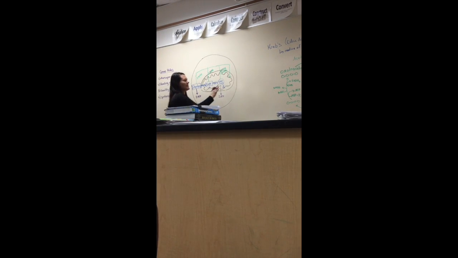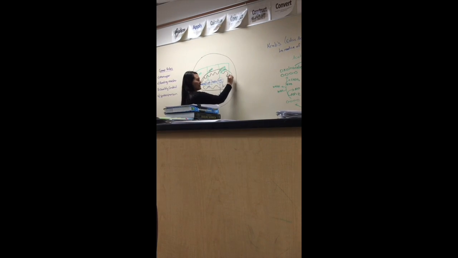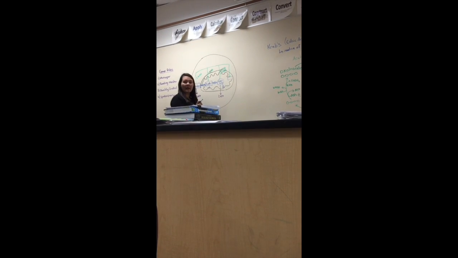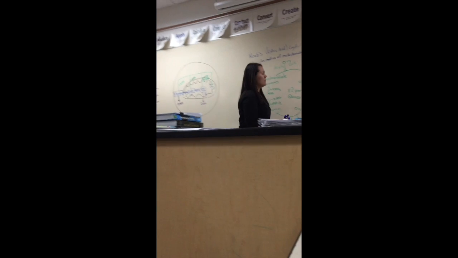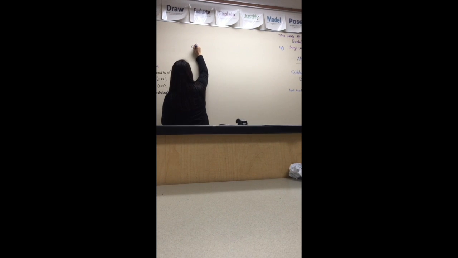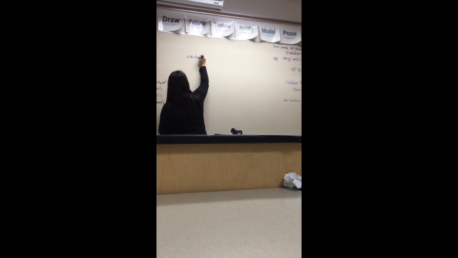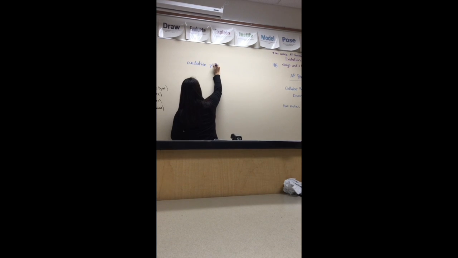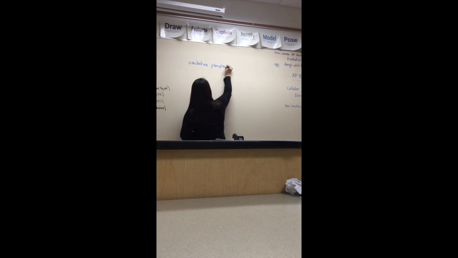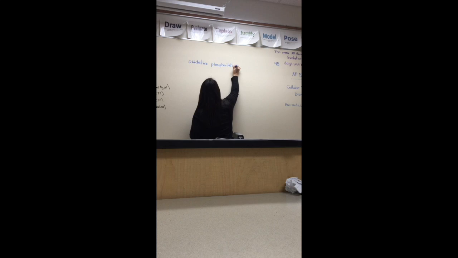So now we're going to our last step, and our last step happens right here, on this inner membrane of the mitochondria. And we call that oxidative phosphorylation. And I'll write that whole thing out so you don't have to. Did I spell that right?